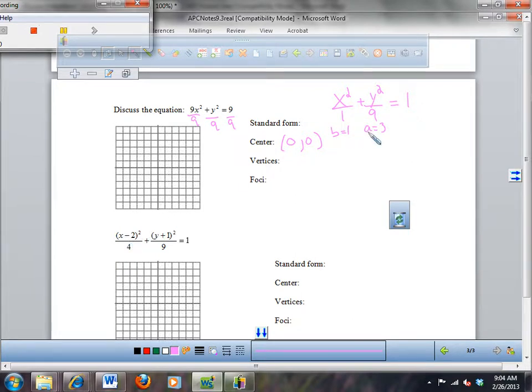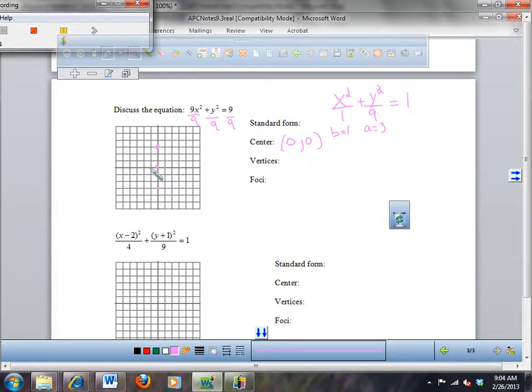Okay? So now I can kind of sketch this. Now notice that a is 3, so the bigger axis is going vertically. So this is what I would call a vertical ellipse. So it's up 3, and then it's down 3, and then it's out 1 on either side.